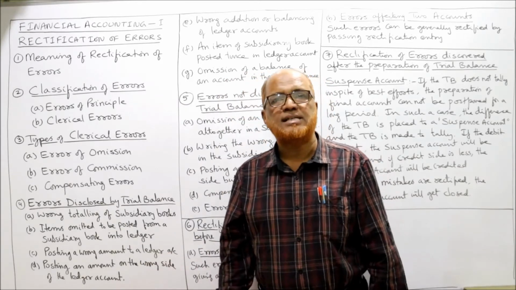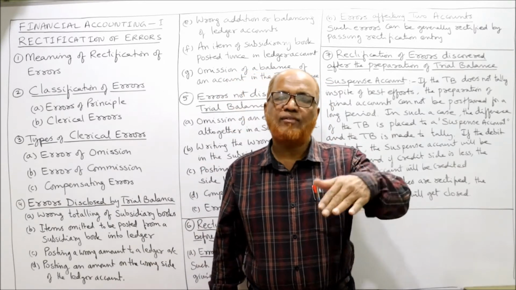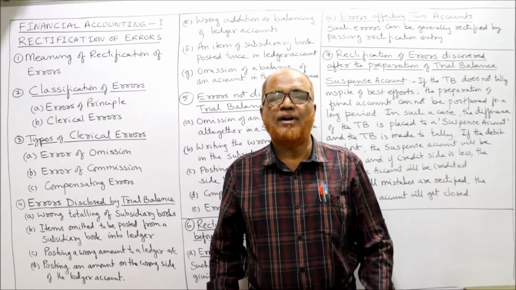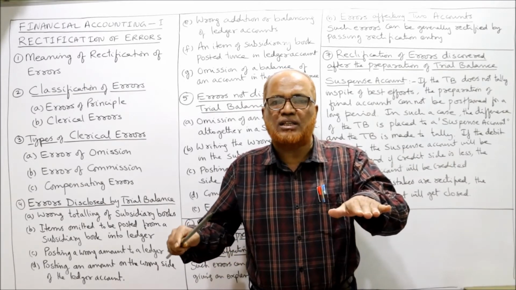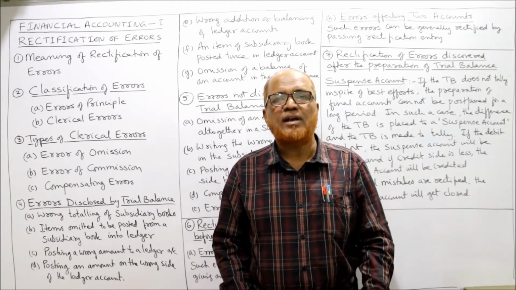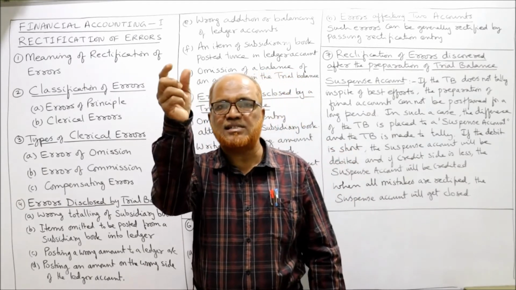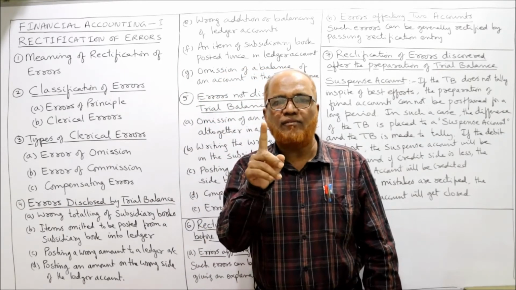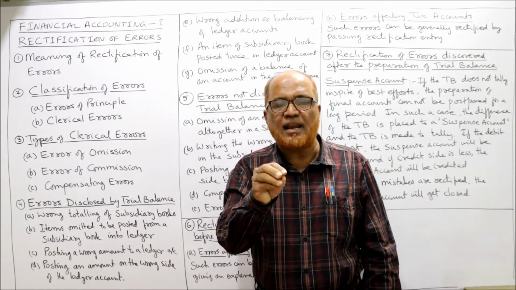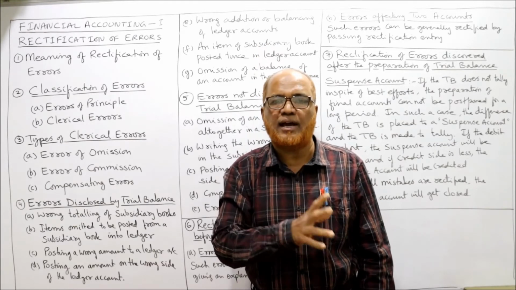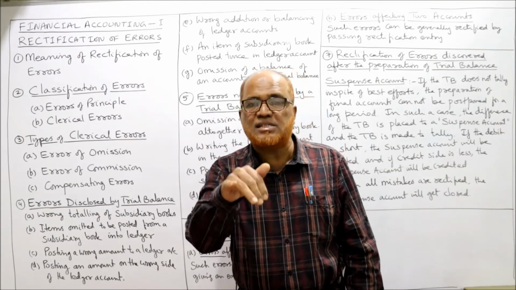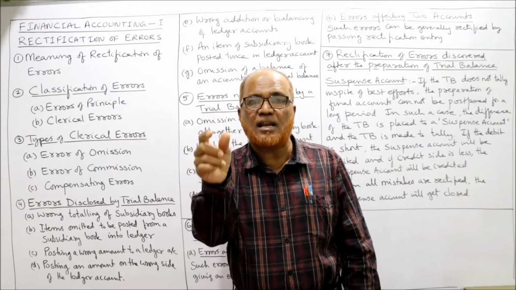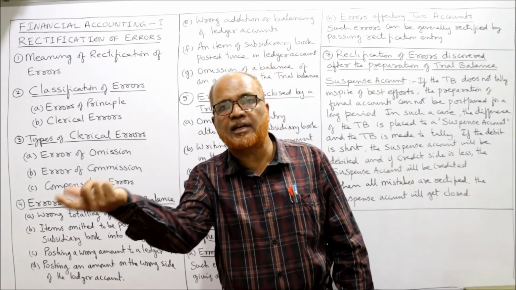Next one is compensating error. One error will compensate another error. When two errors compensate each other, the trial balance will agree. For example, by mistake we have taken a lesser amount on the debit side of a particular account. Similarly, we have made another mistake by taking the same lesser amount on the credit side.